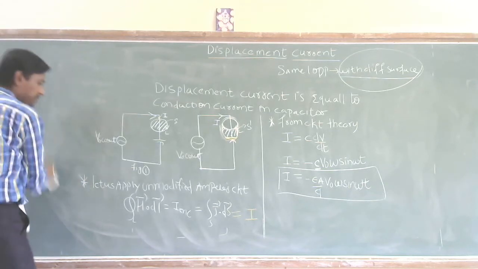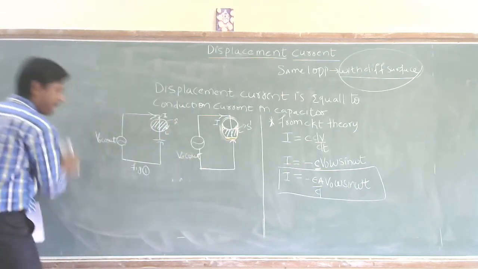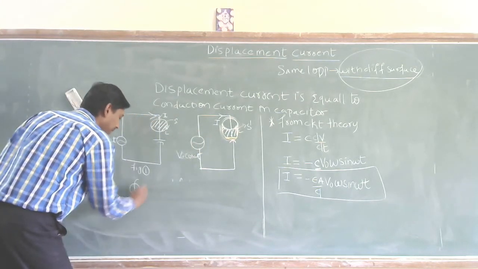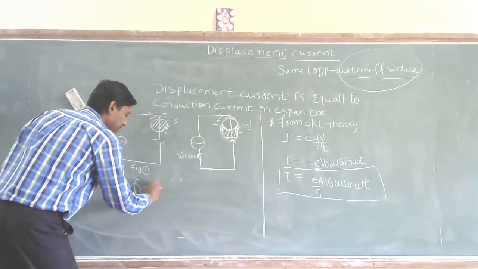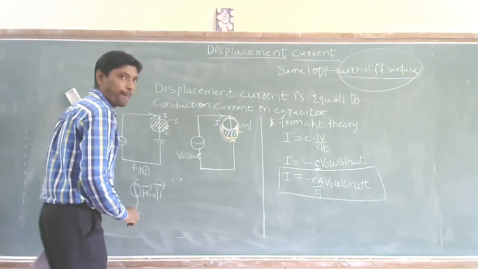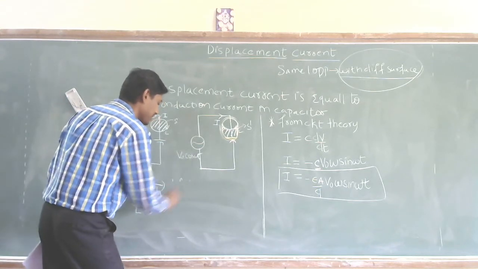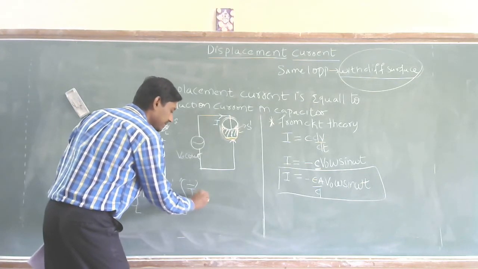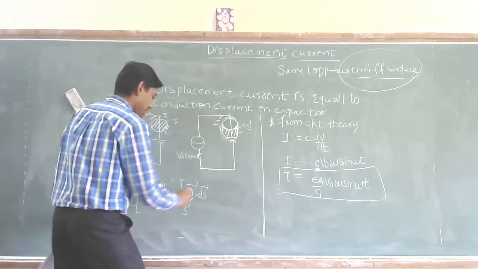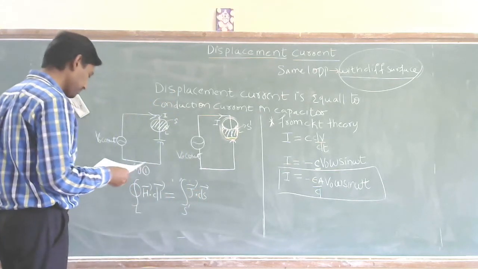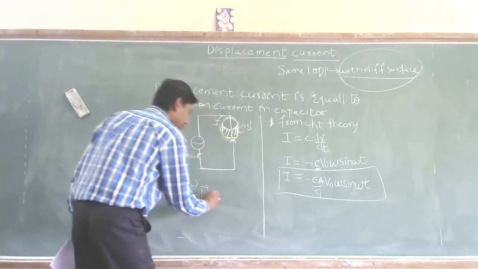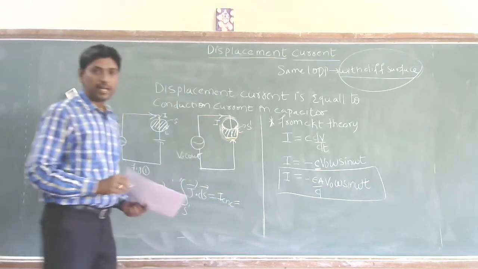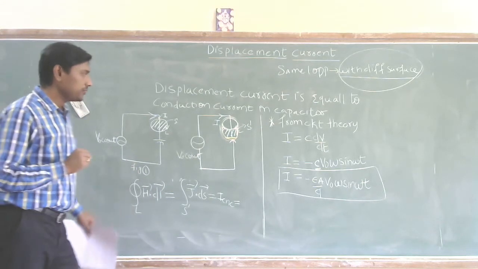But if I try to apply Ampere circuit law here, the closed loop integral of H dot dl, with the same loop but a different surface S prime, J dot ds, should be equal to I enclosed. And if I ask you what is I enclosed, it is a very interesting fact.